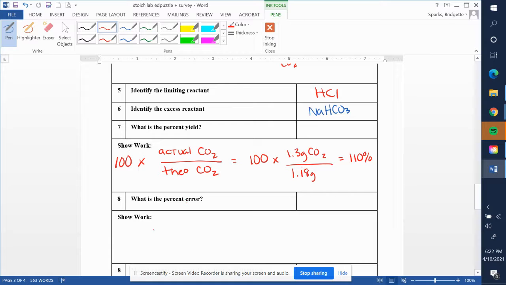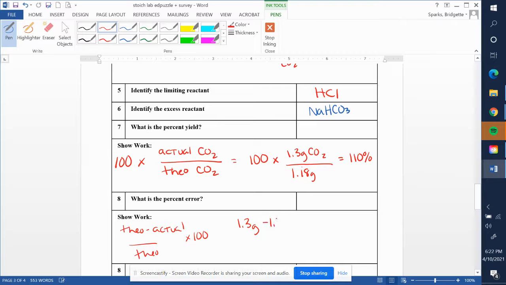What's our percent error? Well, you could always compare it to 100, but again, percent error is theoretical minus actual divided by theoretical times 100. So in this case, I actually made 1.3 grams.